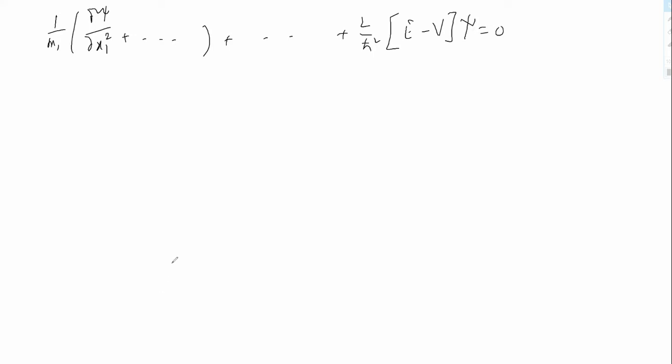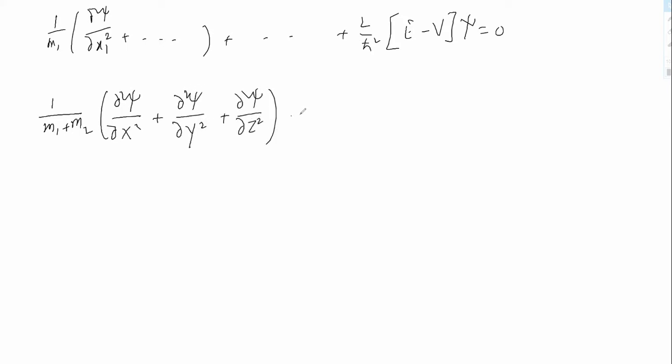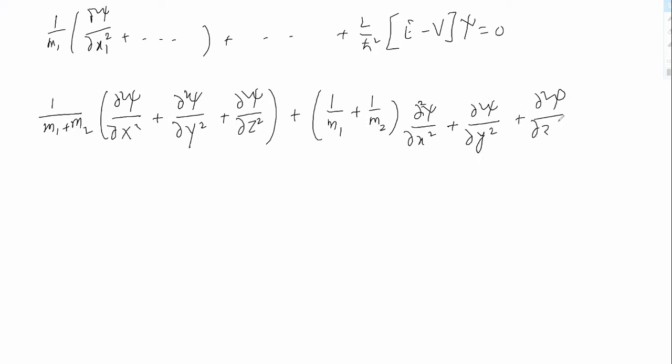Now, when you put all these expressions back, what you are going to get is 1 by m1 plus m2 del square psi by delta X square plus del square psi by delta Y square plus del square psi by delta Z square, plus 1 upon m1 plus 1 by m2 del square psi by delta x square plus del square psi by delta y square plus del square psi by delta z square, plus 2 by h cross square (E minus V) psi is equal to 0.